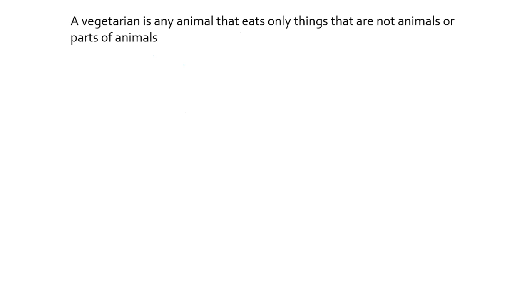So this is a case of equivalent class representation. We are defining this vegetarian class here using equivalent class representation, right? In this equivalence, you have vegetarian to be C1, and the other part is any animal that eats only things that are not animals or parts of animals.